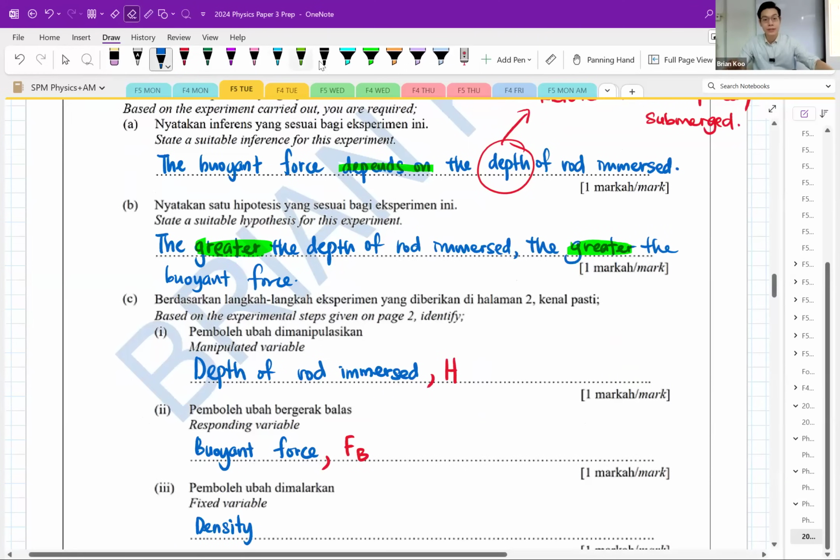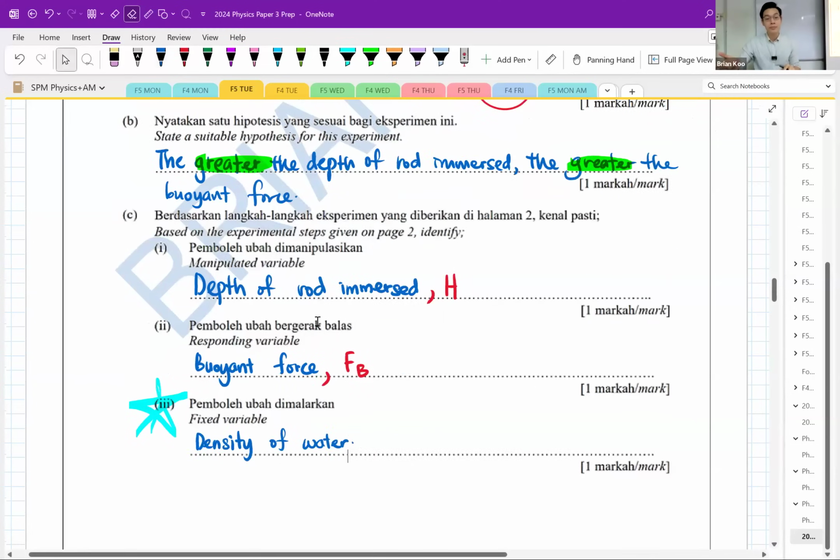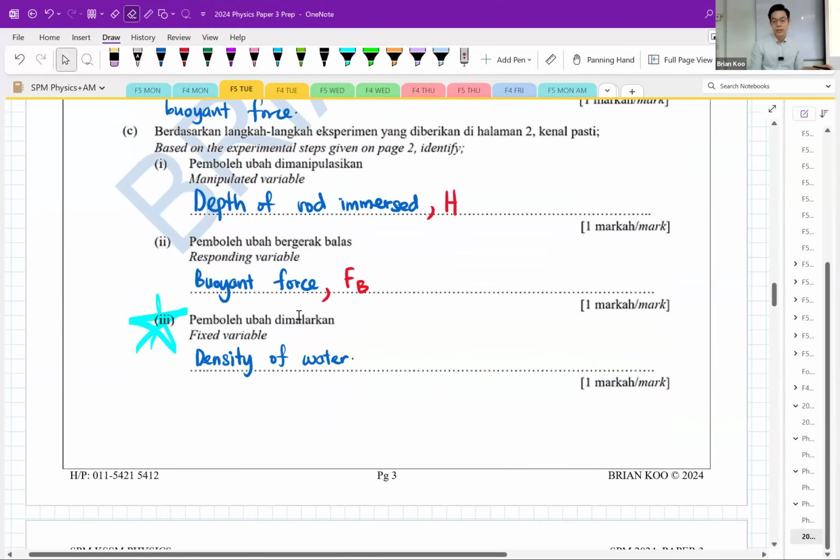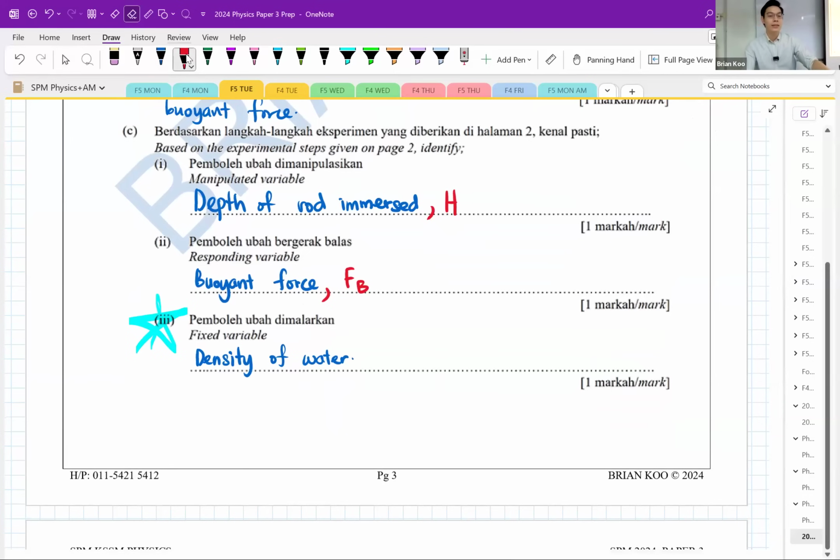Fixed variable. Best answer: density of water. Density of liquid can. Density, because you're just using water. Find something that can directly affect buoyant force. Some ask, teacher, can I write volume of water? Does the volume of water affect the buoyant force?